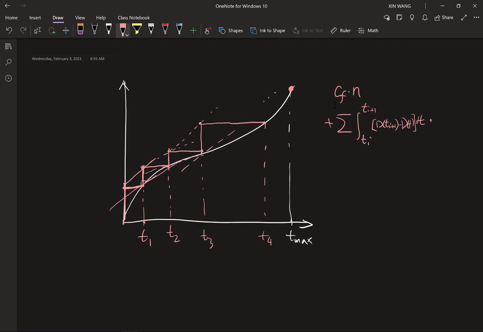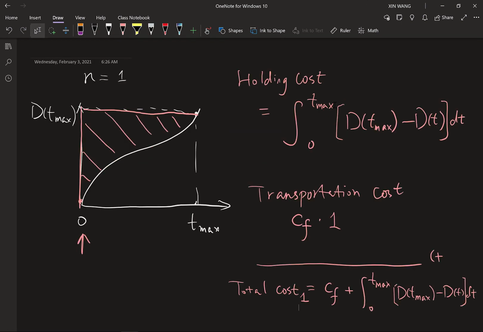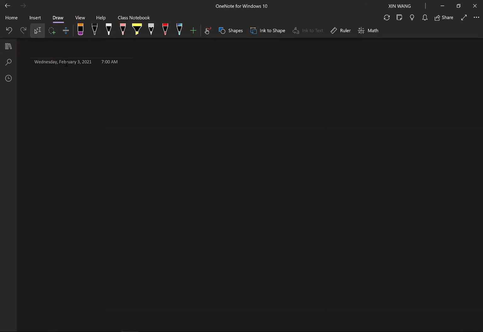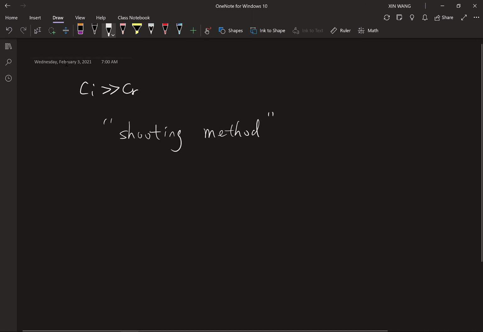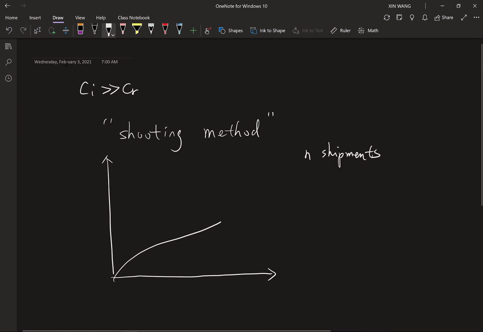The holding cost is the unit inventory waiting cost times time. So in summary, when the inventory waiting cost is much larger than the rent cost, we create a searching method, which we call the shooting method. For a certain number of shipments n, we need to find t1.